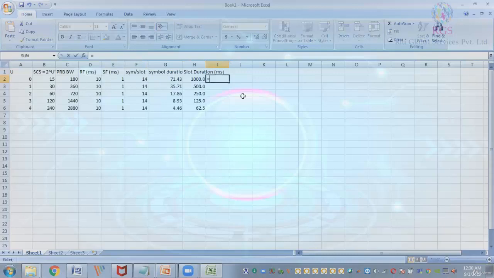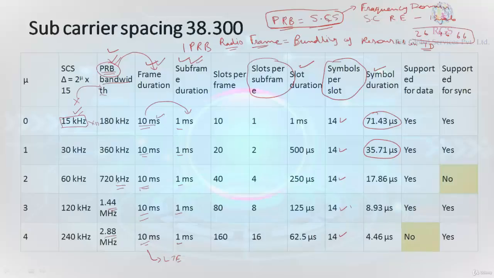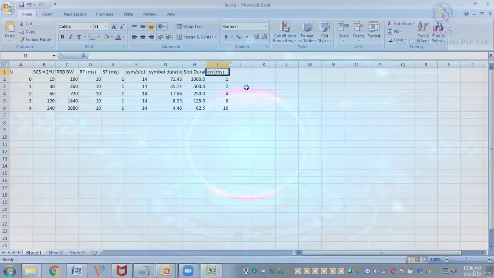So let us do this times 1000 divided by this term. Okay, so this is called as slots per subframe.